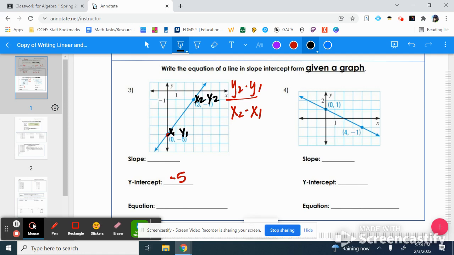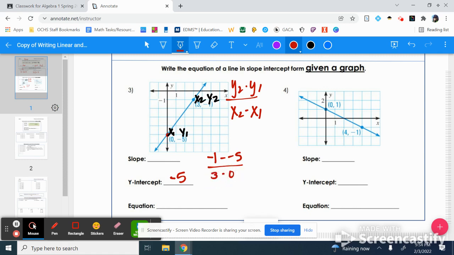Also, to go with that, whatever I label x2, the y value that goes with it needs to be y2. So I could take these values that I have here and plug them into this equation. So -1 minus -5 over 3 minus 0.